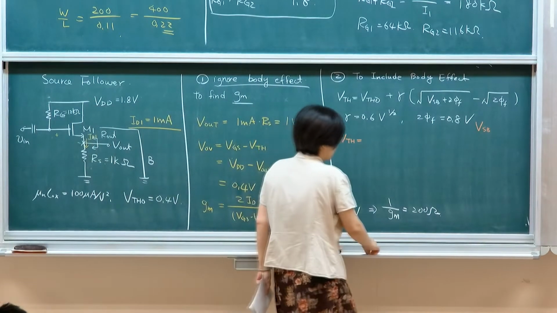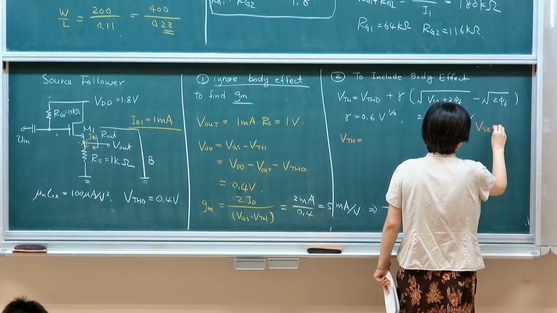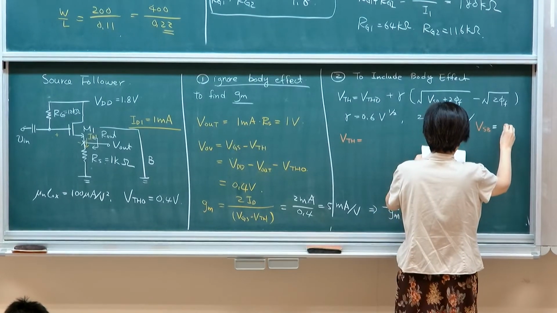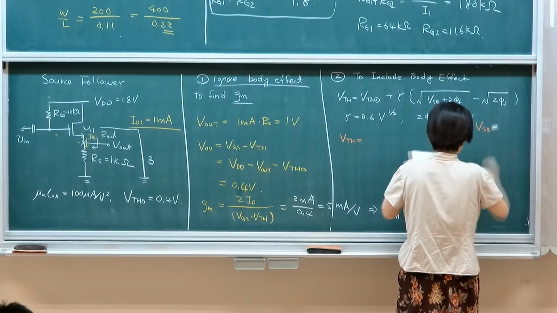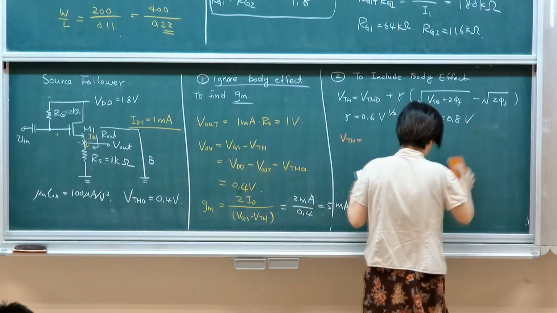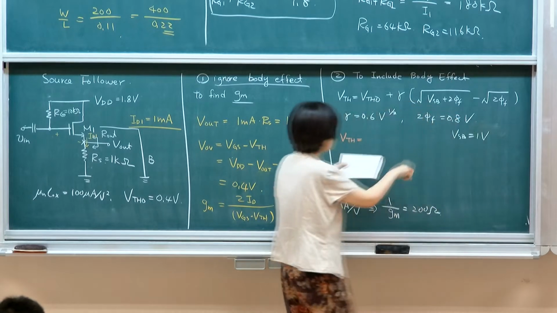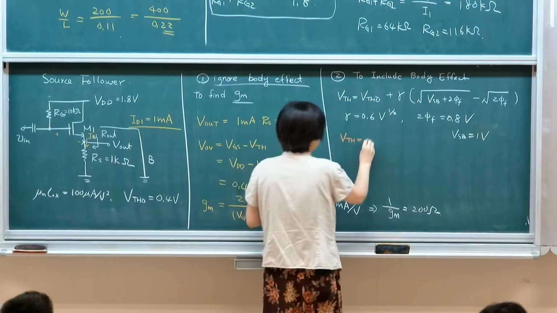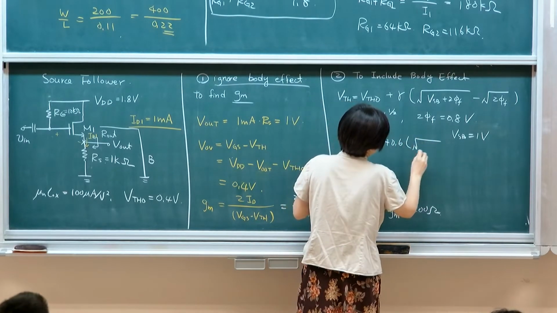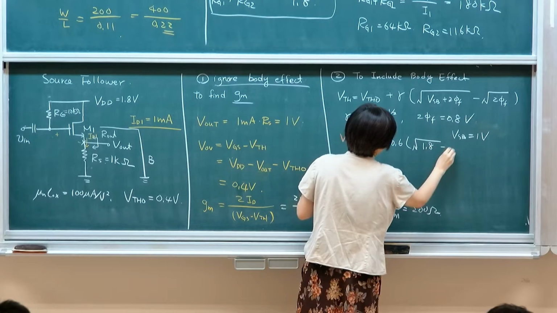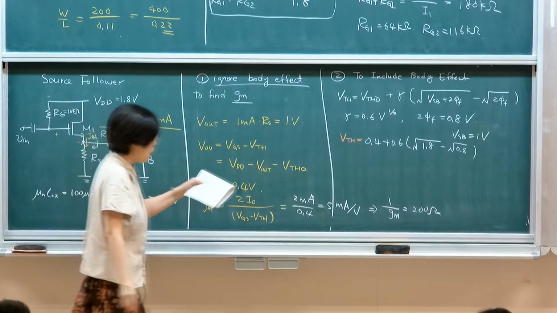That is to say, VSB equals 1 volt. So you simply insert that in. This will be 0.4 plus 0.6 times the square root of 1.8 minus the square root of 0.8. And then we get the threshold slightly higher.